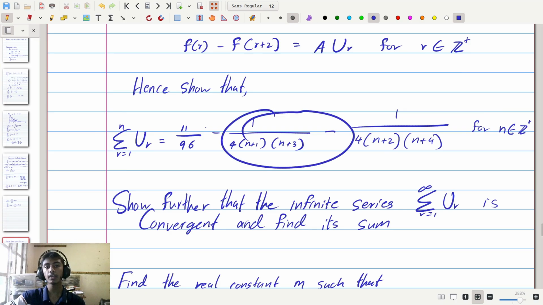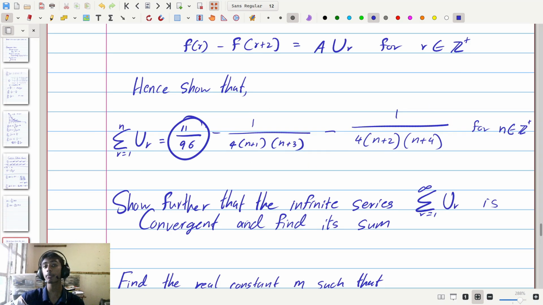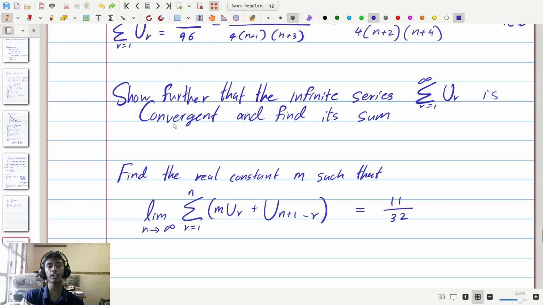This is probably the second to last term, this is probably the last term, and this bit is probably the sum of the first terms. Moving on, it then tells us to show further that the infinite series, the sum from r equals 1 to infinity of u of r, is convergent, and find its sum.